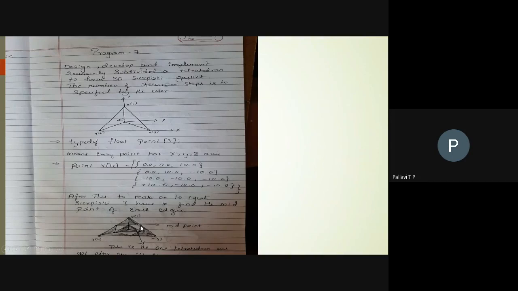Here is the midpoint of the edge v1, v3, the midpoint of v2, v1 is this one, and v2, v3 has the midpoint here. By just connecting the midpoints, we get four more triangles. This is the tetrahedron we got after one iteration. So with one solid triangle, we get four triangles.